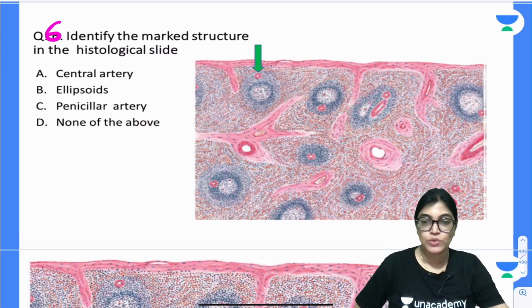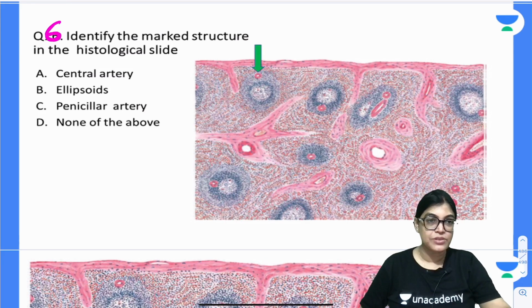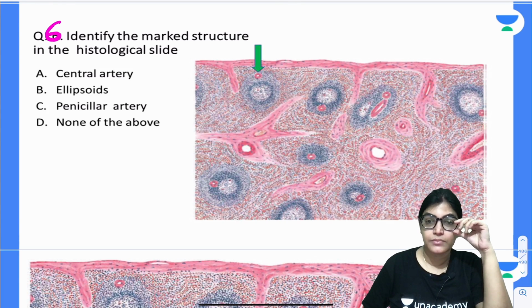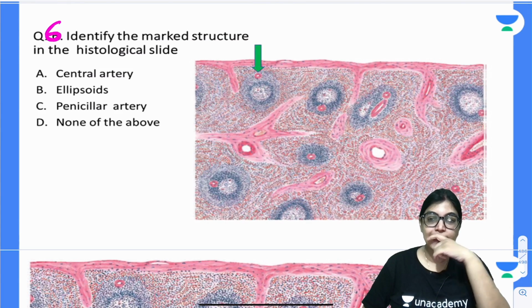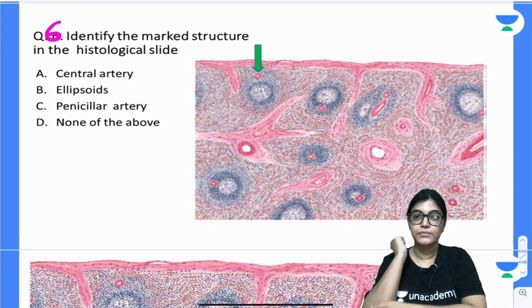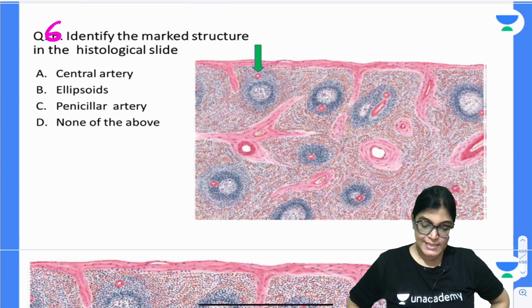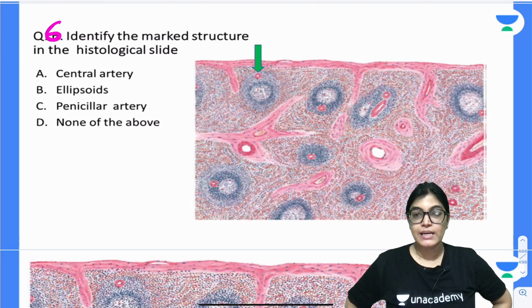Question number 6, you have 4 options and you have to mark the correct answer. A, B, C and D. Which is the correct answer?